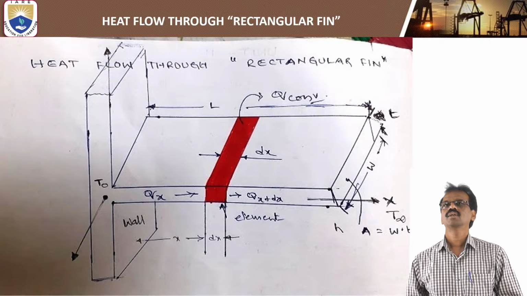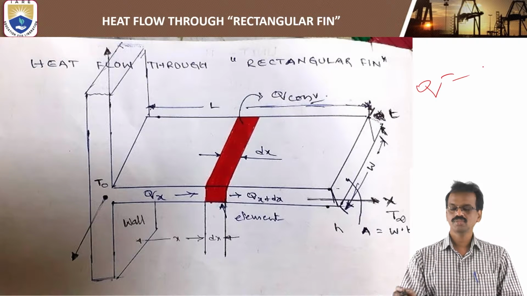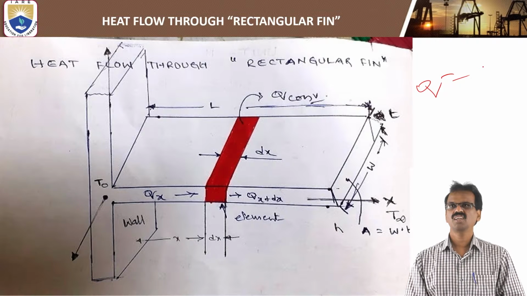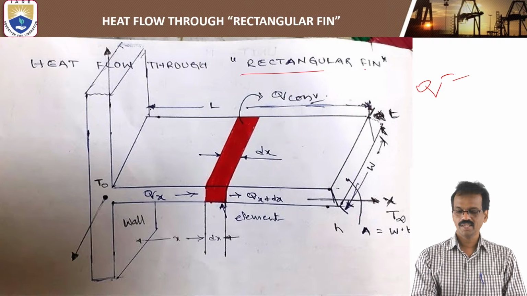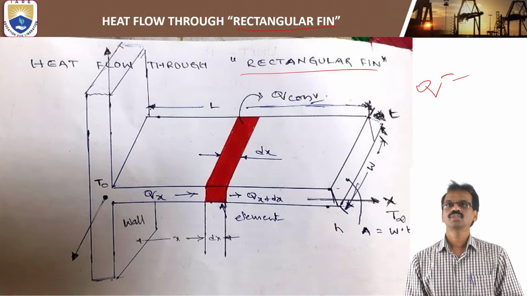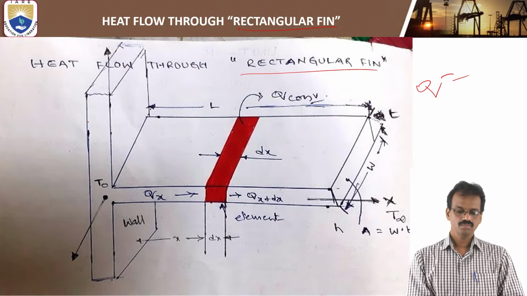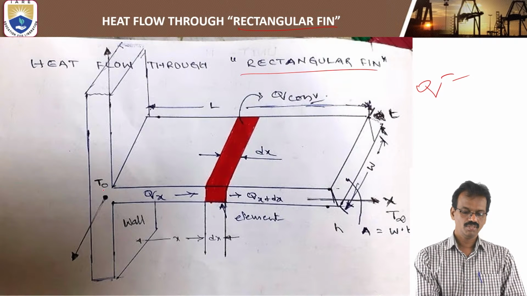Okay, we'll see the rate of heat transfer in the fins. For that, I have taken a rectangular fin. This is the base surface, maybe the surface of the engine, and the temperature of that one is T naught.